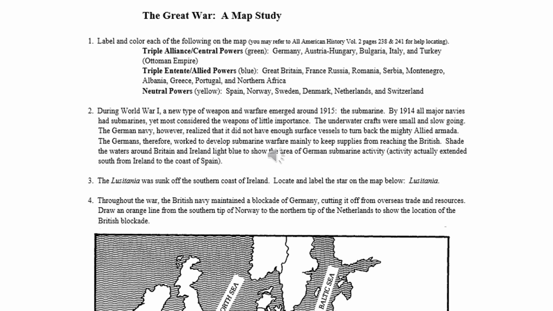All right, now we're going to move to the Great War, a map study. And number 1 asks us to locate and color several countries. Rather than read them here, we're going to move down the page and just go ahead and label them and color them together.